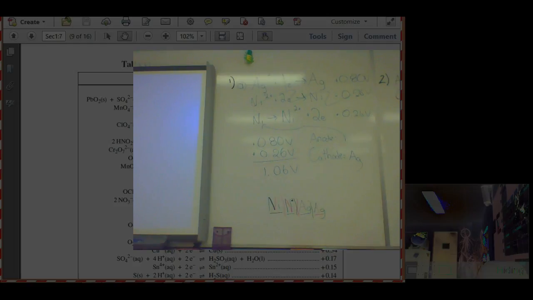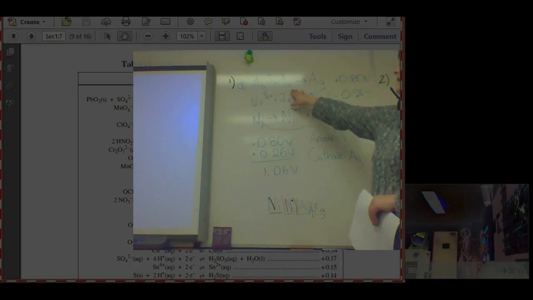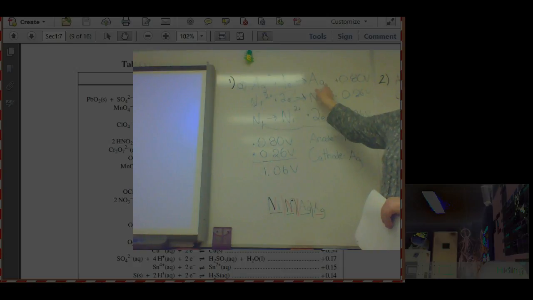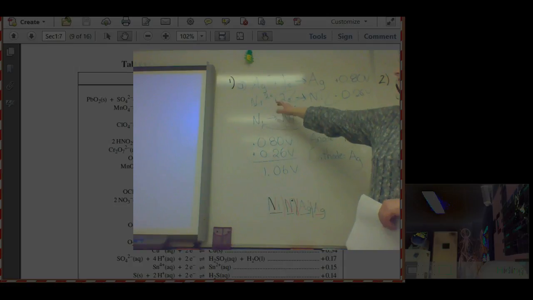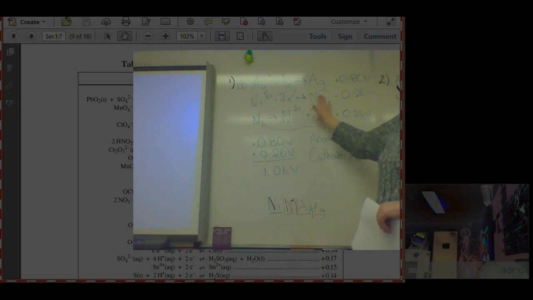So first of all, with this one we are given silver gaining one electron to form silver atoms versus here nickel 2 positive gaining 2 electrons in order to become nickel. How come you need to switch this one around? Because it's lower on the table. Exactly.